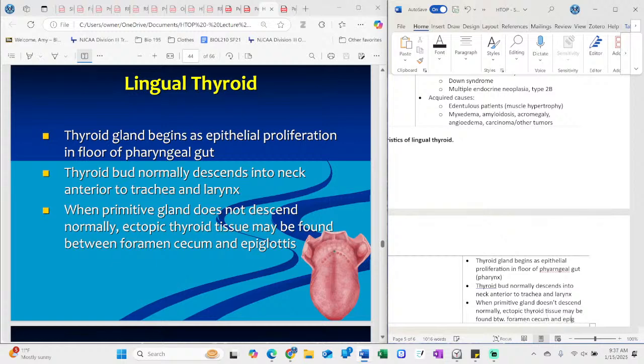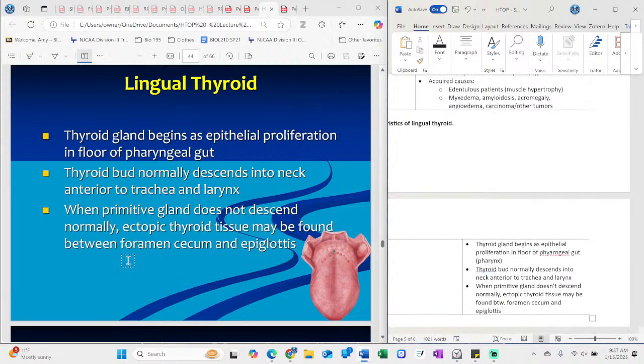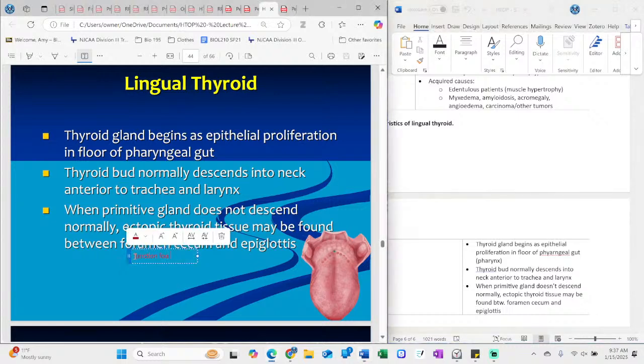So foramen cecum is at the junction of the anterior two-thirds of the tongue and the posterior one-third of the tongue. If for any reason this primitive thyroid gland does not descend normally, then thyroid tissue may be found between this foramen cecum, between this green dot, and what is this here?